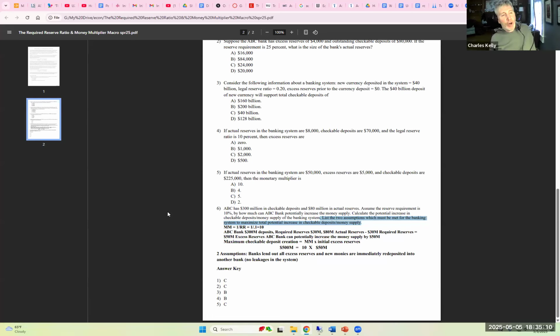And the second one is that all new loans are immediately redeposited into another bank. The multiple choice question on the test is exactly like this, except it just asks how much ABC can lend out and how much the banking system can lend out. So if you review number 6 here, you're in good shape.